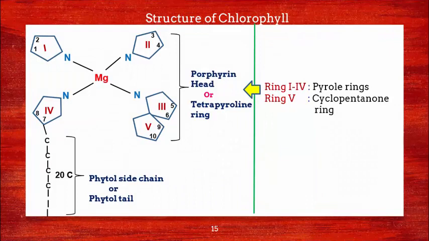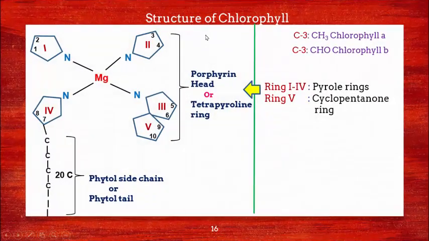Ring first to 4, that is ring first, ring second, ring third and ring fourth, are pyrrole rings and the fifth ring is a cyclopentanone ring. All these rings, first to fifth, make the porphyrin head. The porphyrin head is also known as a tetrapyrrole ring.